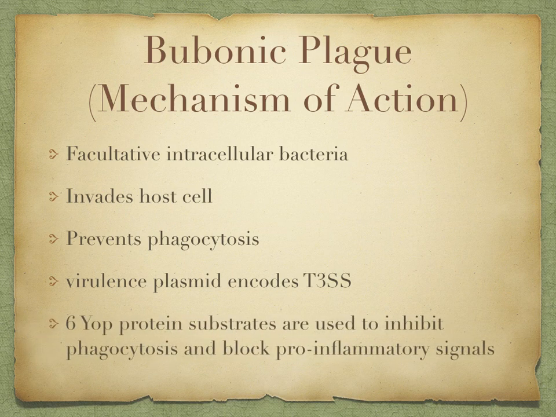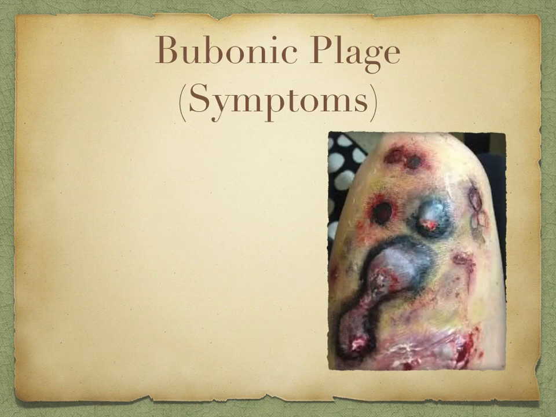This then encodes the T3SS for 6 effector protein substrates, which are going to inhibit phagocytosis and block pro-inflammatory signals.